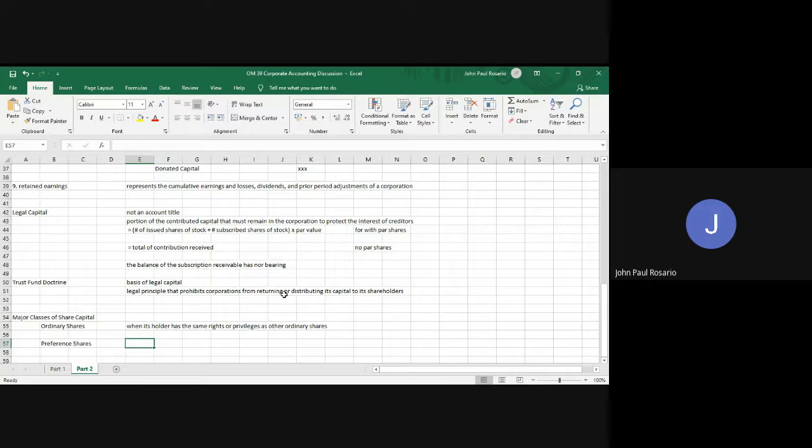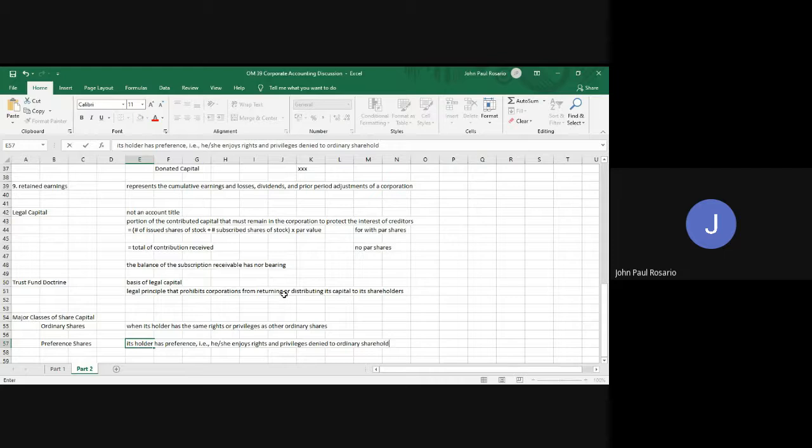So preference share is so-called preference shares because its holder has preferences. That is, he or she enjoys rights and privileges denied to ordinary shareholders.